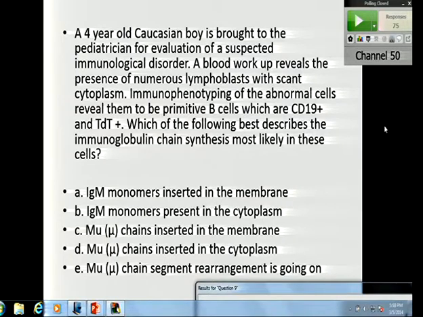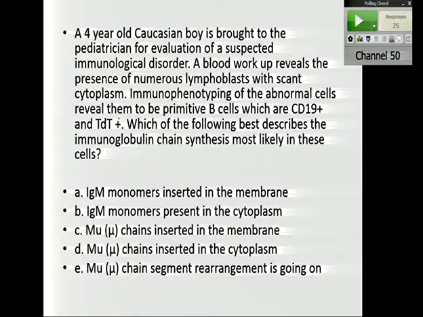So what do you think is the right answer? E. Why? Yes, the main clue here, don't miss this, is that it's TdT positive, okay? You can see pre-B cells with the cytoplasmic mu, either in the cytoplasm or on the membrane at the end of the pre-B cell, the beginning of the immature cell.